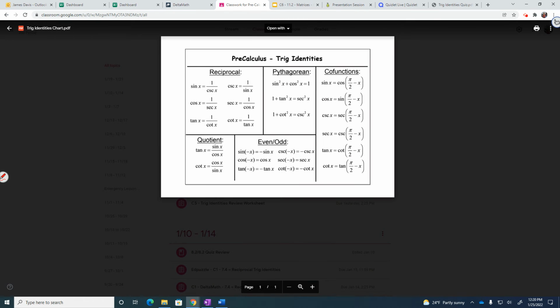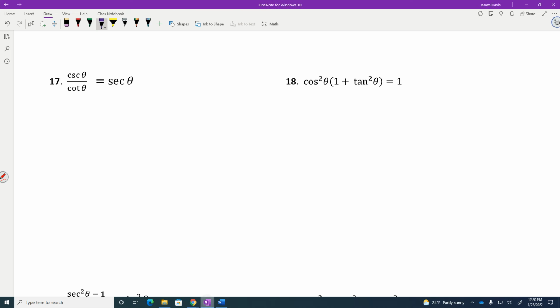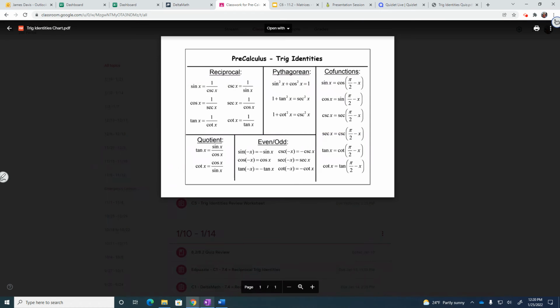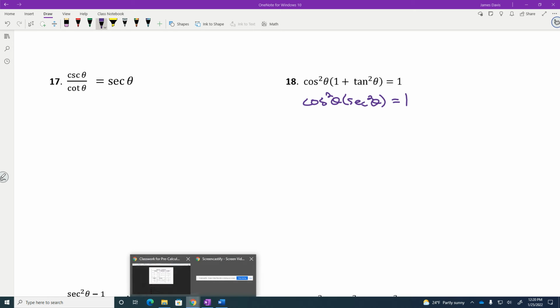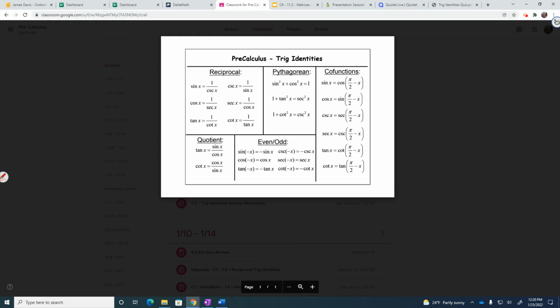So you wanted the one with the 1 and the tan squared, right? 1 plus tan squared is secant squared. So let's go ahead and replace that. We have cosine squared times secant squared. Now the next thing isn't necessarily written on your paper, but it is indirectly: secant is the same thing as 1 over cosine.